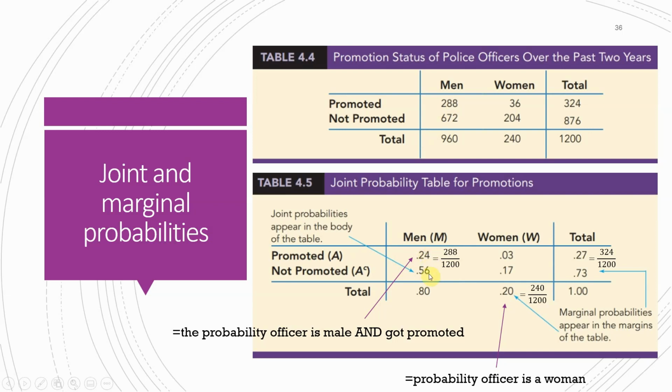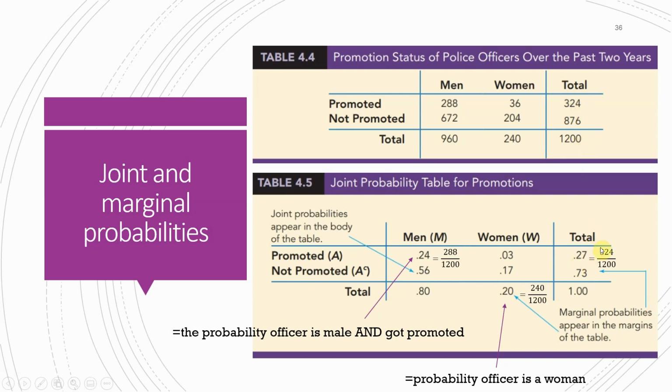Not promoted and male, you get this just by dividing 672 by 1,200. Over here, in the margin of the table, we want to know the total, so we just divide 324 by 1,200, which gives us 0.27.